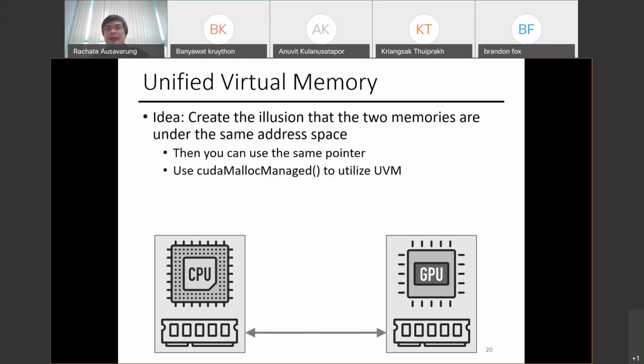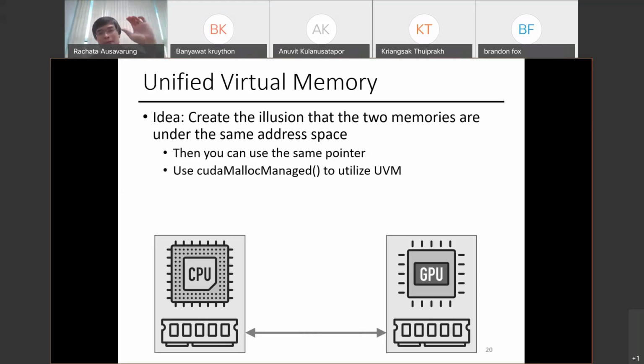So in the unified memory, this is a newer technology. It's been out there for a few years, actually, like 5 years, I think. Basically, this technology allows you to create the illusion that the two memories are under the same address space. So you share the pointer.